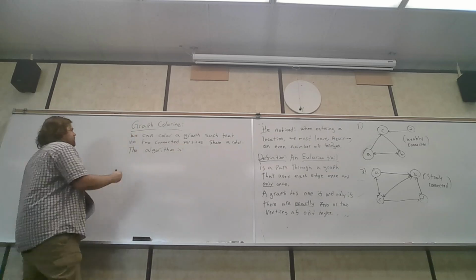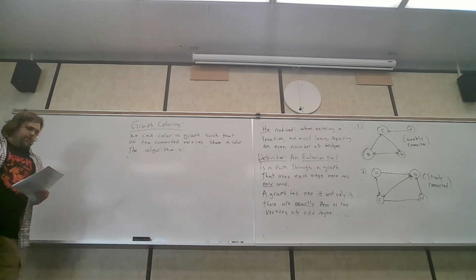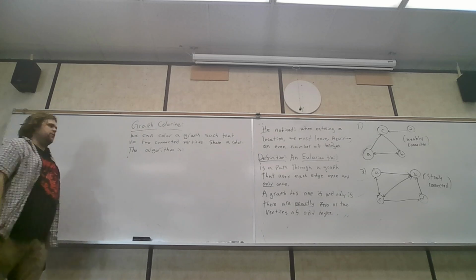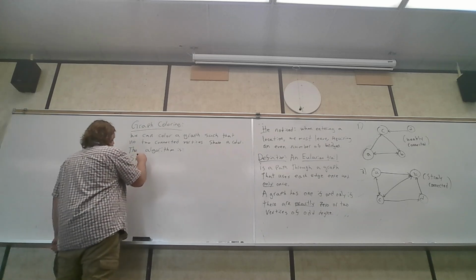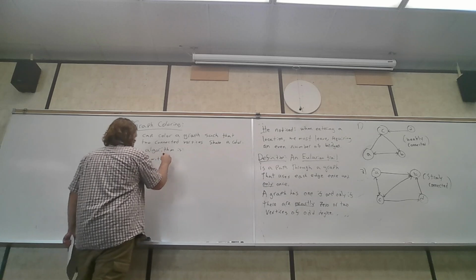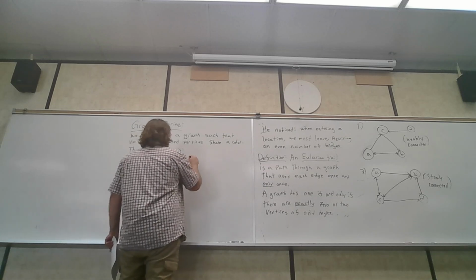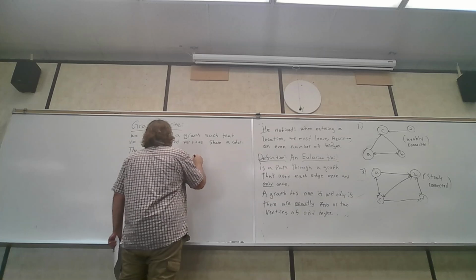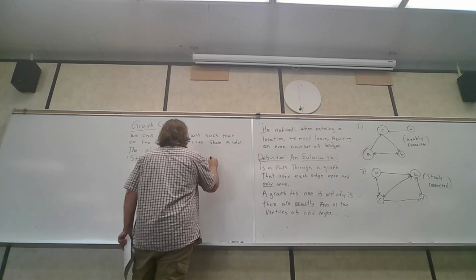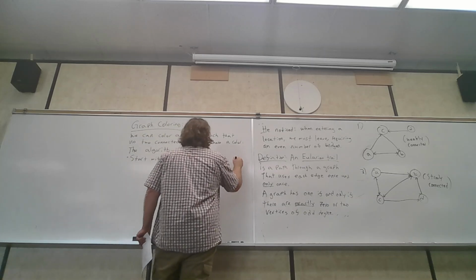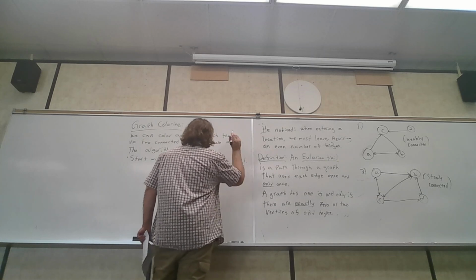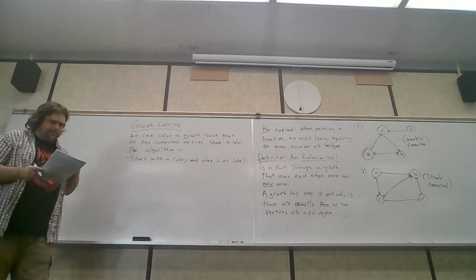So you've got your graph. The first thing you're going to do is just pick a color of your choice, right? Start with a color, and index it as color 1, or 0 if you want to think in terms of arrays and indexing that way.